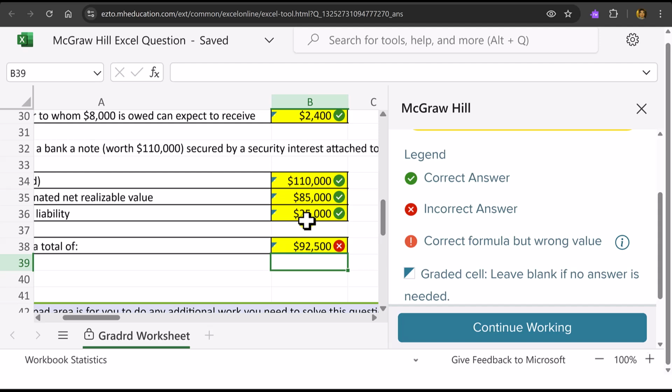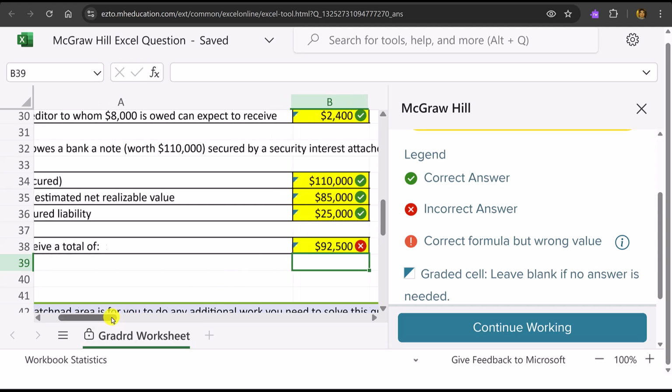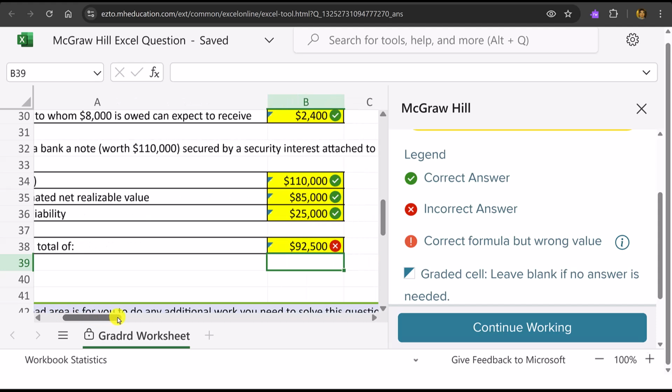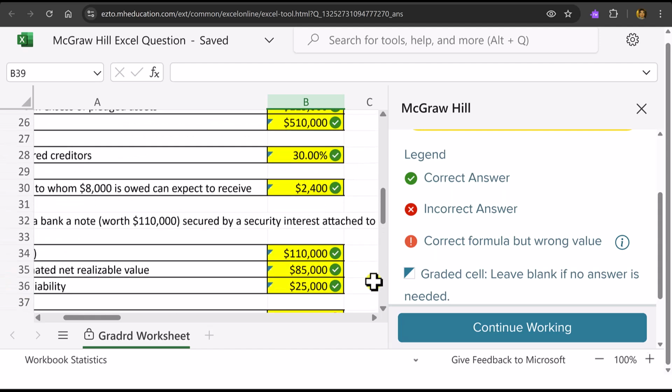The 25,000 times 30% is correct according to the answer key, but the way they want to get this 85,000 that was first paid off is not grabbing the 85,000. They want you to take the difference between this 110 and 25, which to me is not logical, but that's what the formula is asking for getting points for this. Yeah, so let's do that. It's 110 minus this 25 to get the 85, and then the remaining 25 times the 30% over here.